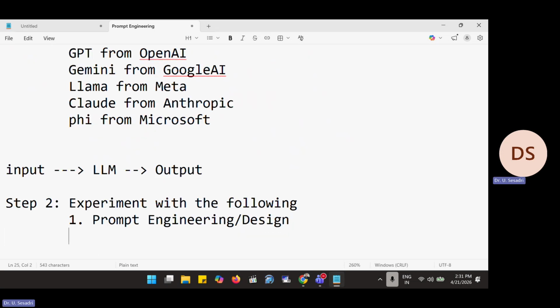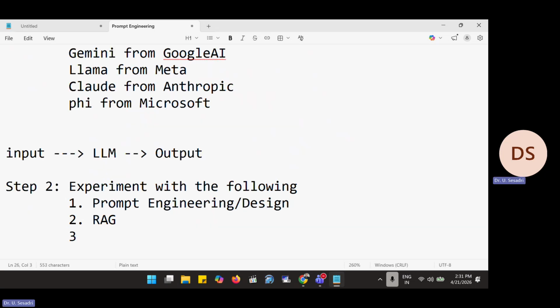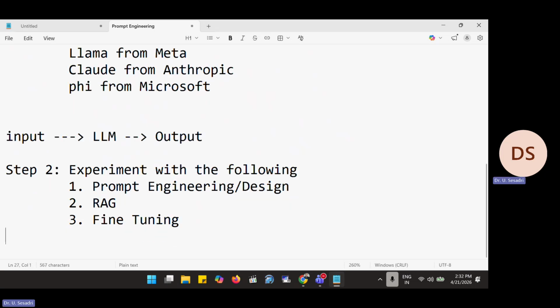Second, you may use RAG, retrieval augmented generation, or you may use fine-tuning. So we have to experiment with these things.